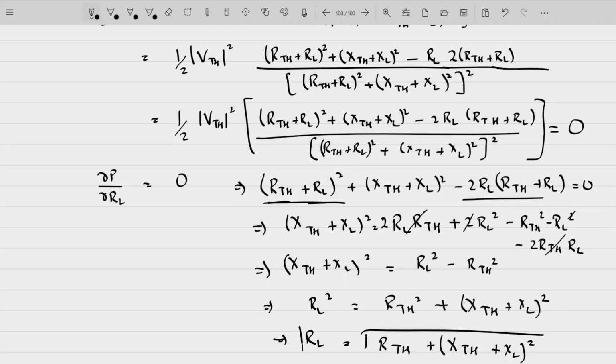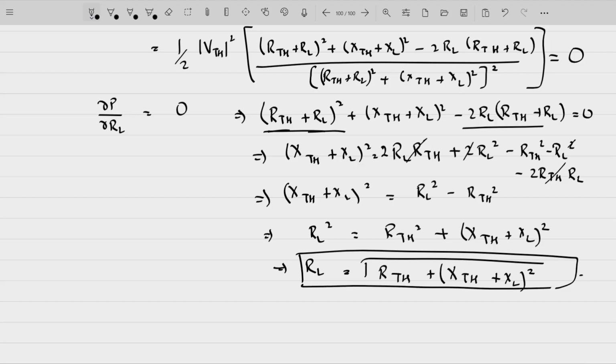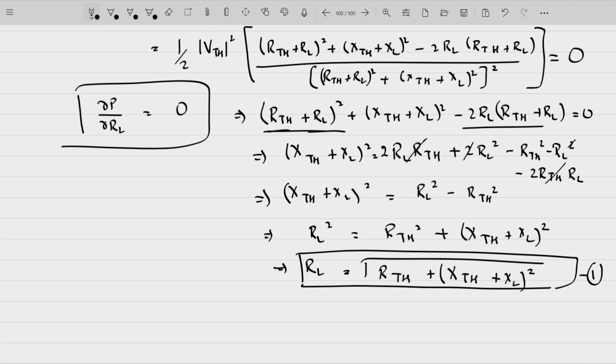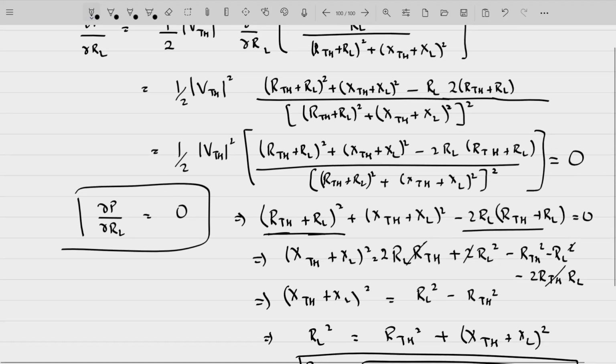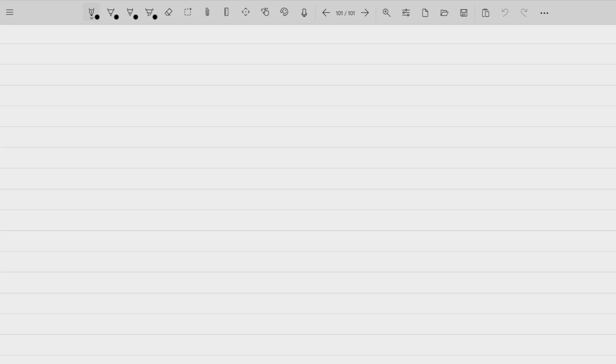So this is one equation that we have got from equating dP by dRL equal to 0, the partial differentiation of power with respect to RL equal to 0. Once we do that, we are getting this term RL is equal to the root of RTH square plus (XTH plus XL) whole square.